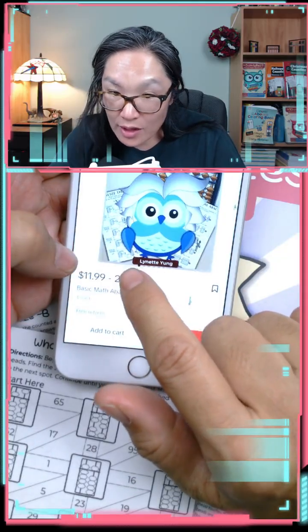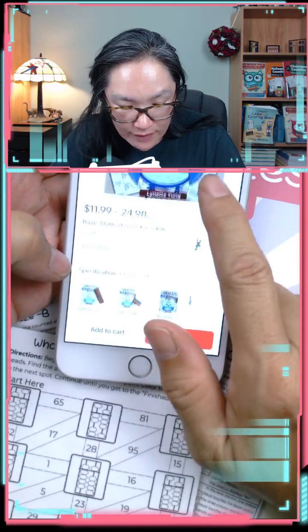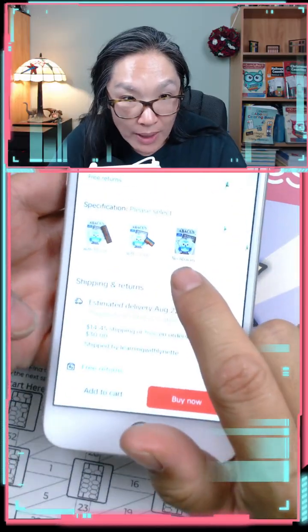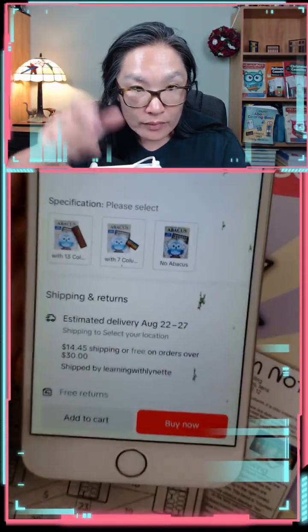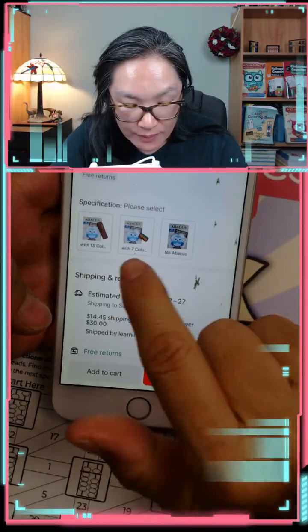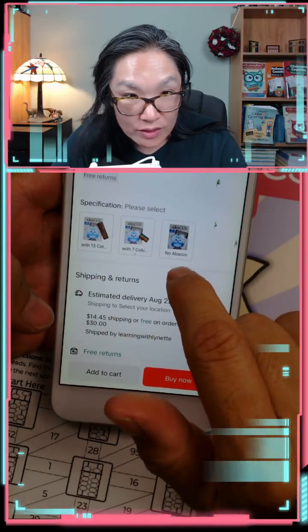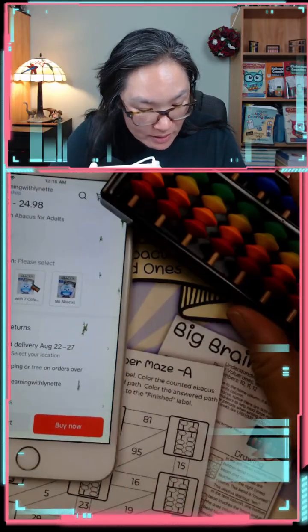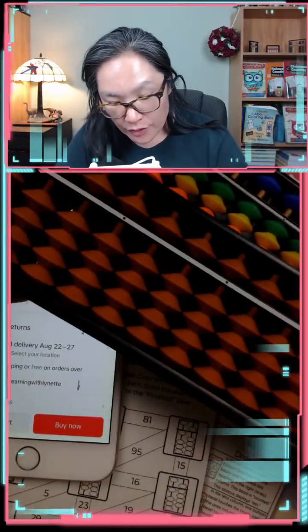Does that make sense? Hello, Amy. Some people already have an abacus, so there's the option to not buy the abacus. It comes with either the colorful abacus, or you can get a 13 column abacus.